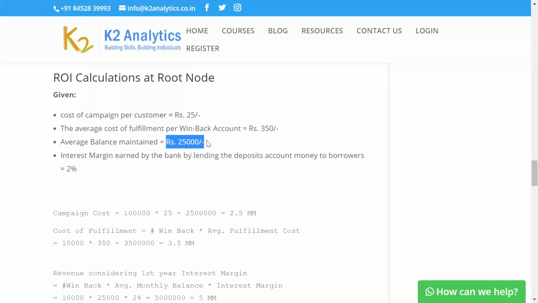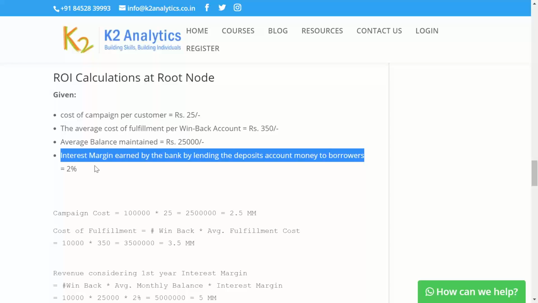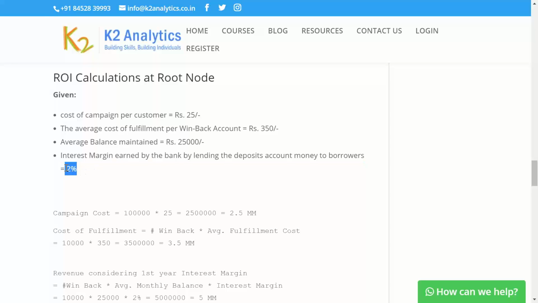They are borrowers. To savings accounts, the bank gives interest. From borrowers, the bank takes interest. There is a cost of operations, the cost of managing this banking infrastructure. Let us assume the net interest margin earned by the bank is 2%.